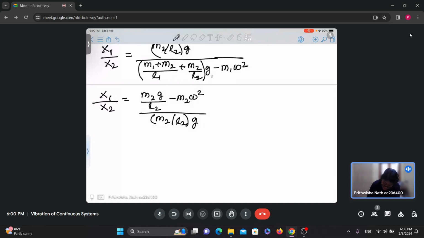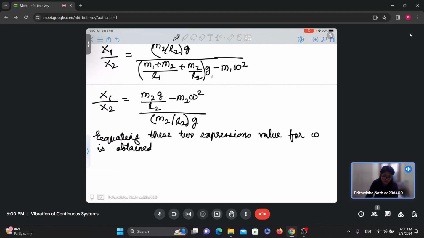So equating these two equations, the value for omega is obtained, which is the frequency.